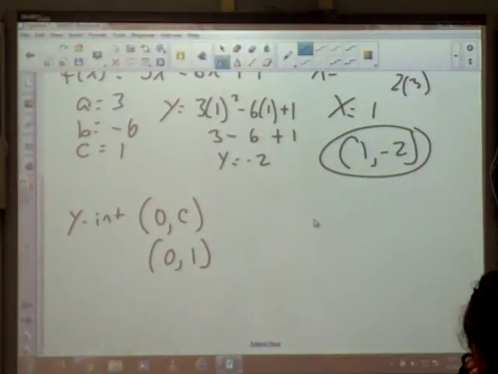I can just do some elementary school counting. This is 1 unit away from my axis of symmetry. So I'm going to go 1 unit away on the other side. Right? We've got a parabola now. Not too difficult.